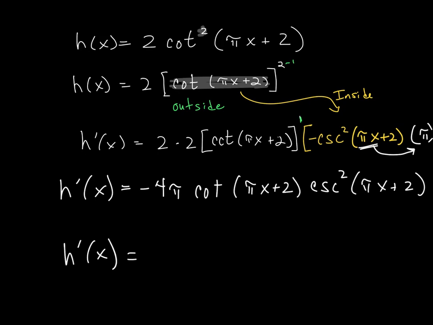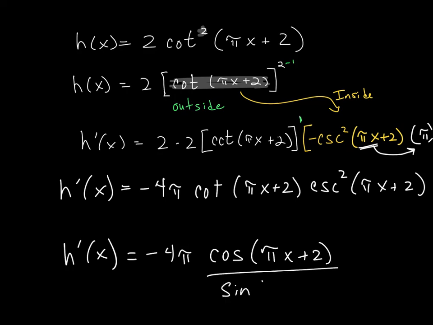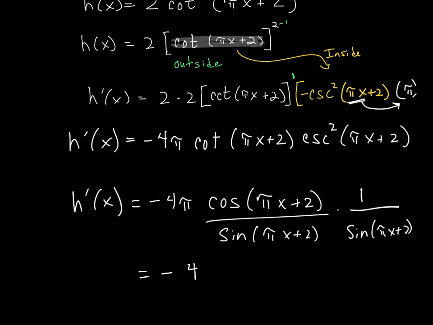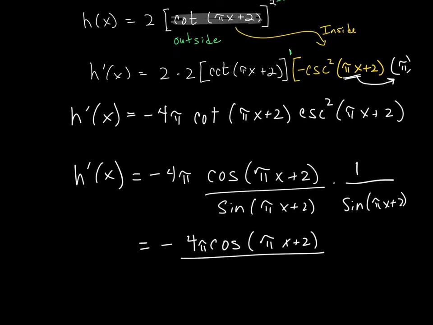Remember, the cotangent is just the cosine over the sine, so that becomes minus 4 pi of the cosine of pi x plus 2 all over the sine of pi x plus 2 times 1 over the sine of pi x plus 2, all leaving you with negative 4 cosine of pi x plus 2 all over the sine of pi x plus 2.